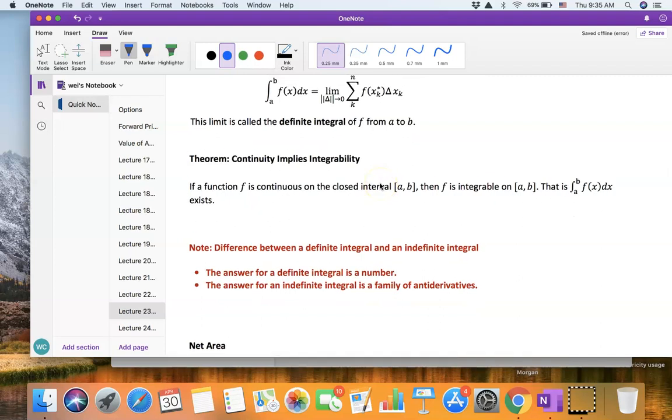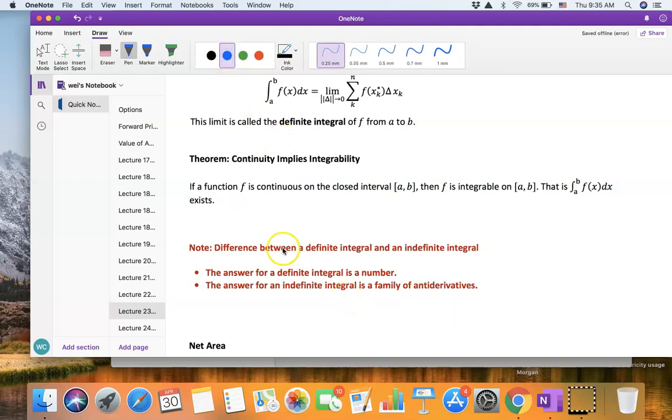Then let's look at the difference between a definite integral and an indefinite integral. The indefinite integral we learned in the previous lectures, right? We said the result of an indefinite integral is a family of antiderivatives.